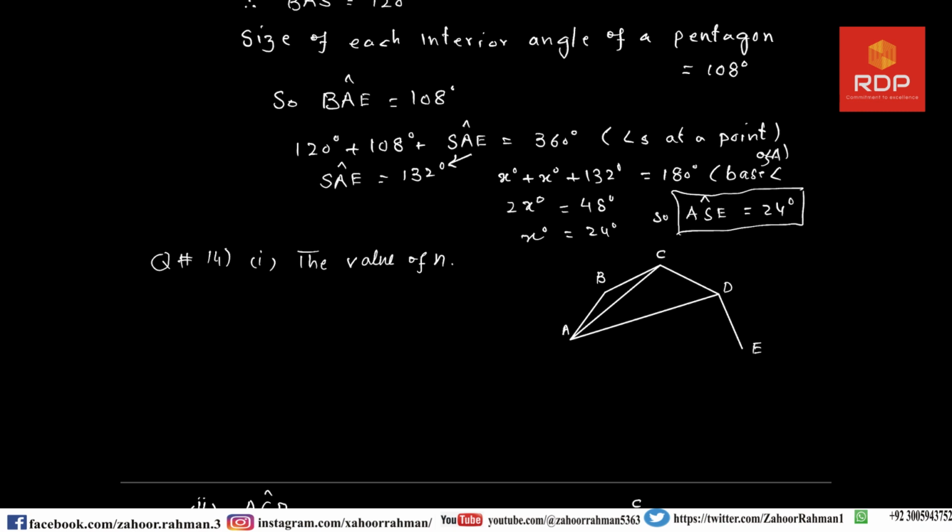The ratio of an interior angle to an exterior angle of this polygon is 5 to 1. Remember that if interior angle is 5, then exterior angle is 1. So we will write in a moment this is 5x and this will be 1x degree.